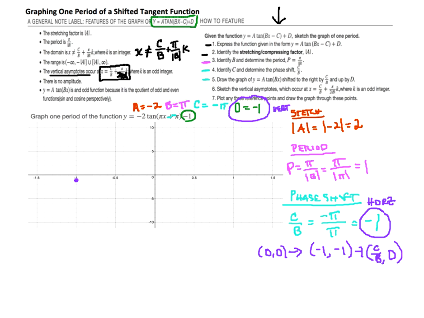Okay, so let me get a different color. Let me get the green.